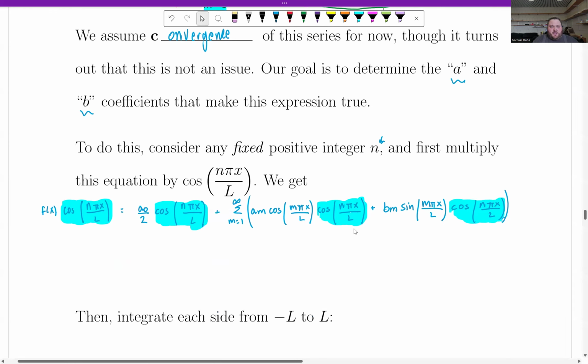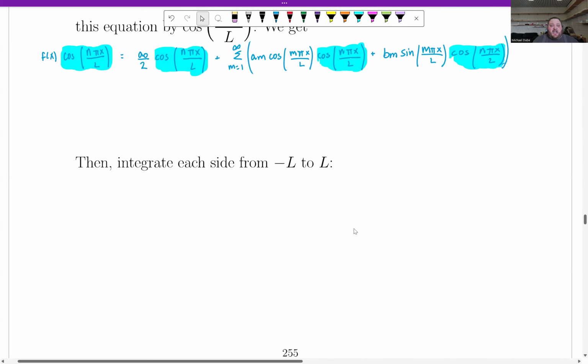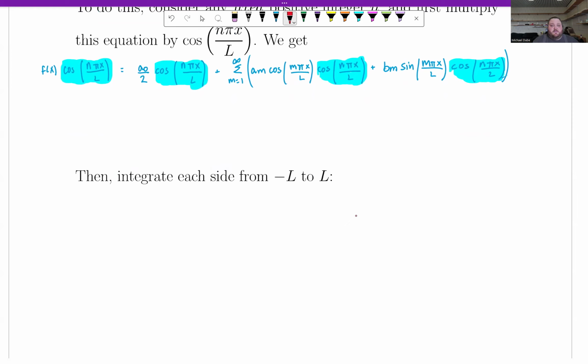Okay, good. Then integrate each side from negative L to L, okay?